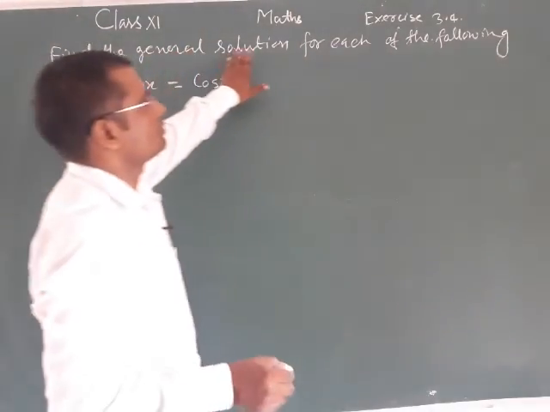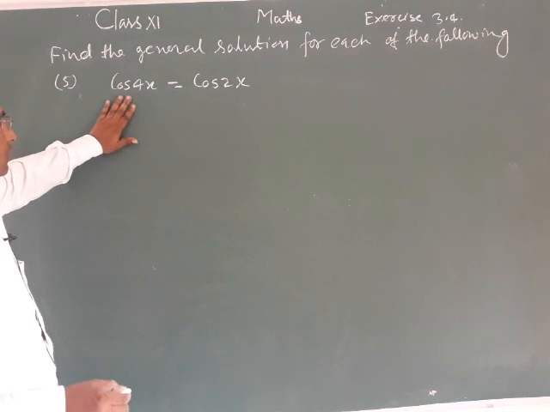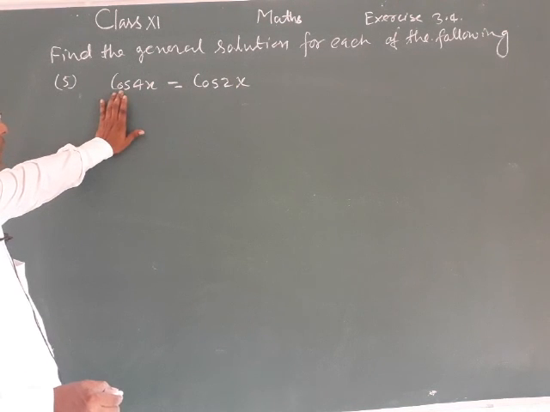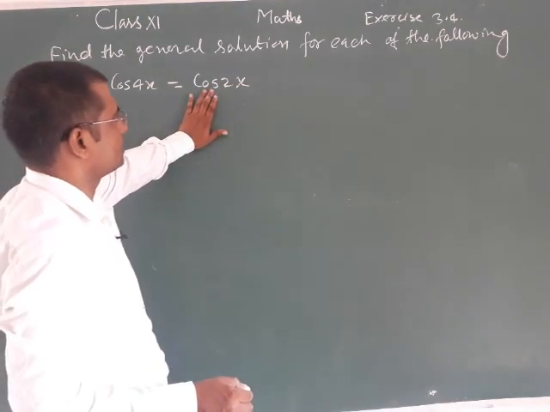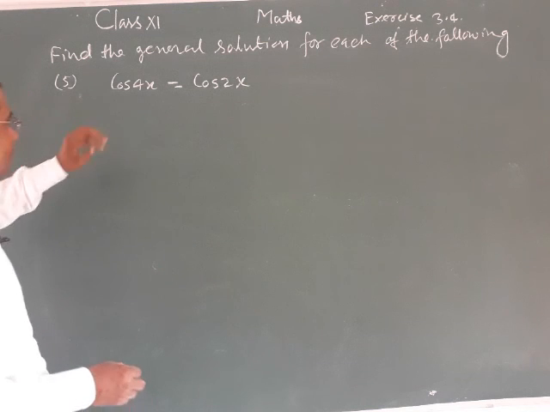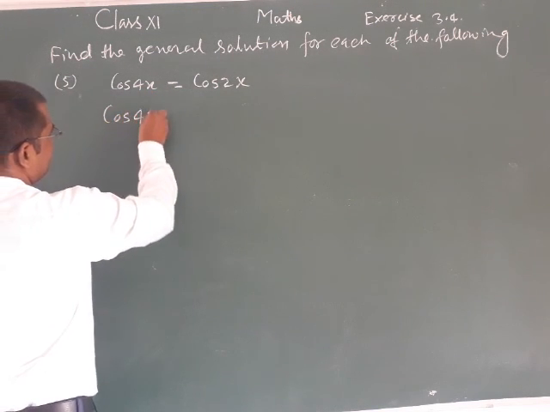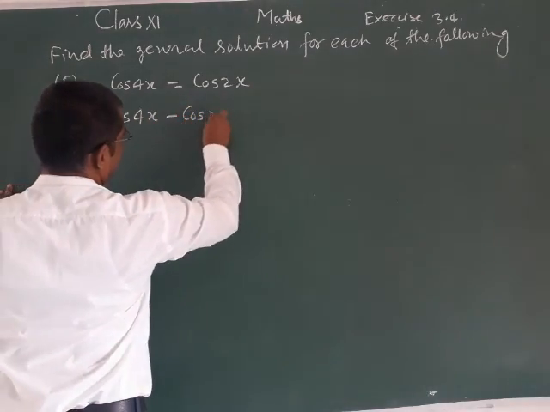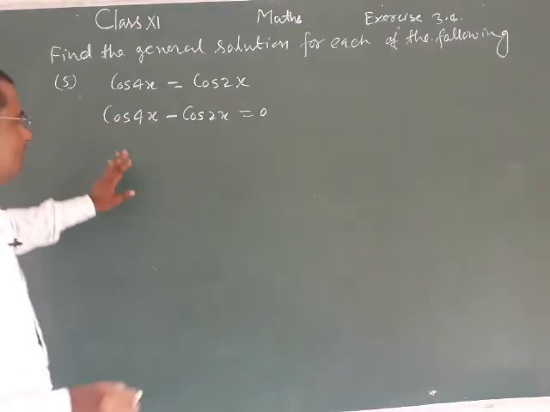Find the general solution of each of the following equations. Question number 5. cos 4x is equal to cos 2x. So now you can solve this by rearranging: cos 4x minus cos 2x is equal to 0.